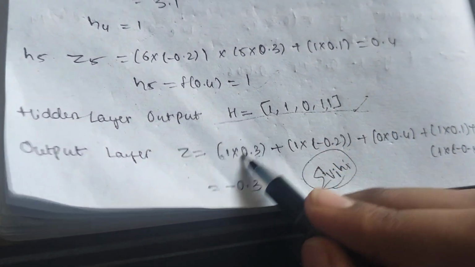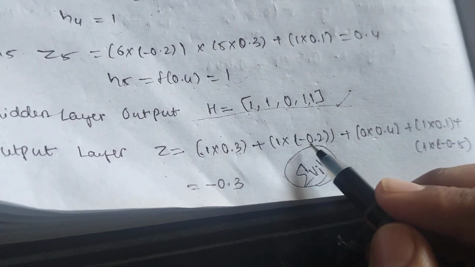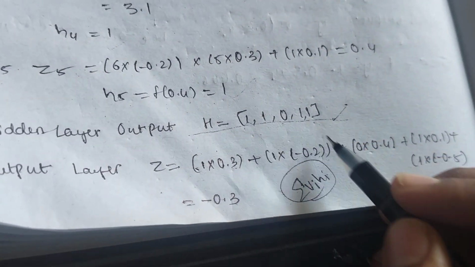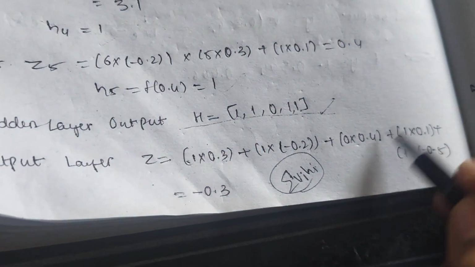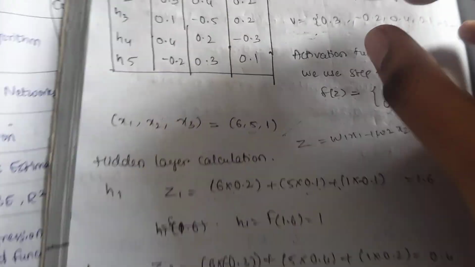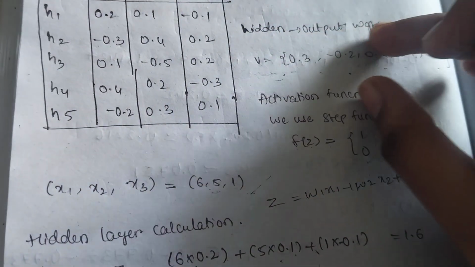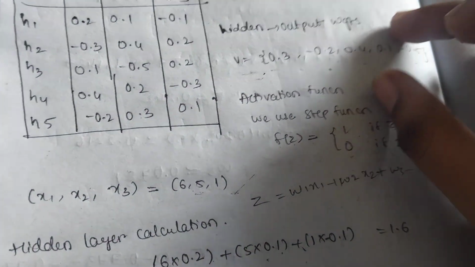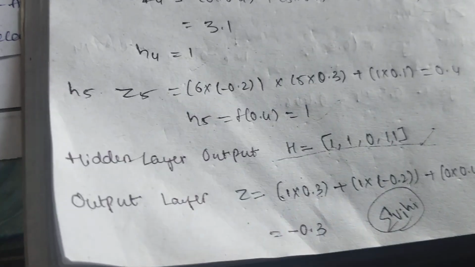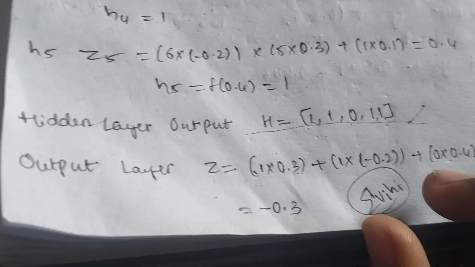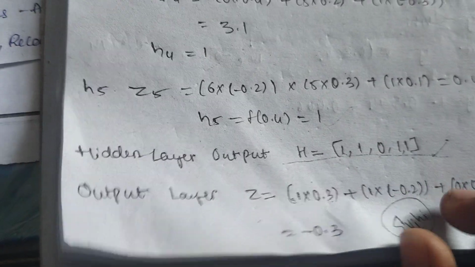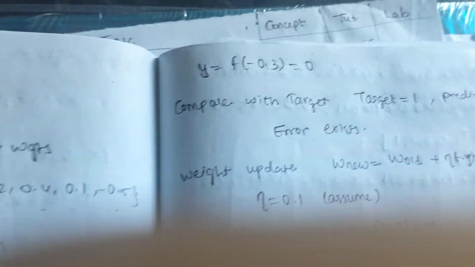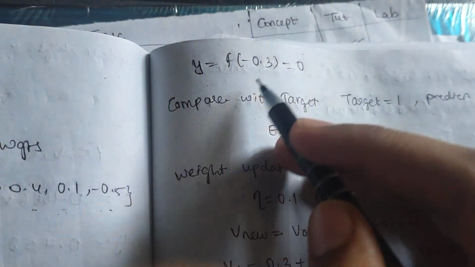So 1 into 0.3 plus 1 into minus 0.2 plus 0 into 0.4, and so on. You are substituting the v values along with the h, summation of vi and hi. So you will be finding the output layer. After finding the output layer, you will be finding the prediction.